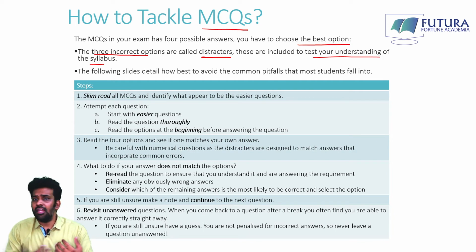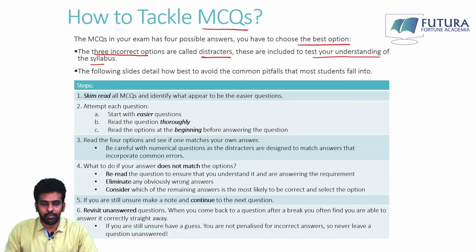Trust me, many think that MCQs are easy, but no, MCQs are difficult because they really test your understanding of the concept, and it is very important that you learn the concept very clearly to attempt the MCQs. It's not just a guess game. So get your facts correct and ensure that you learn the concepts very clearly.